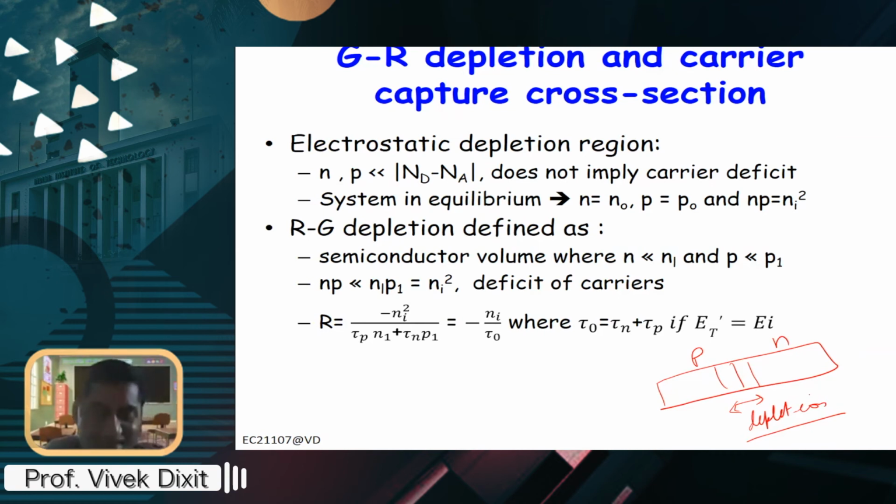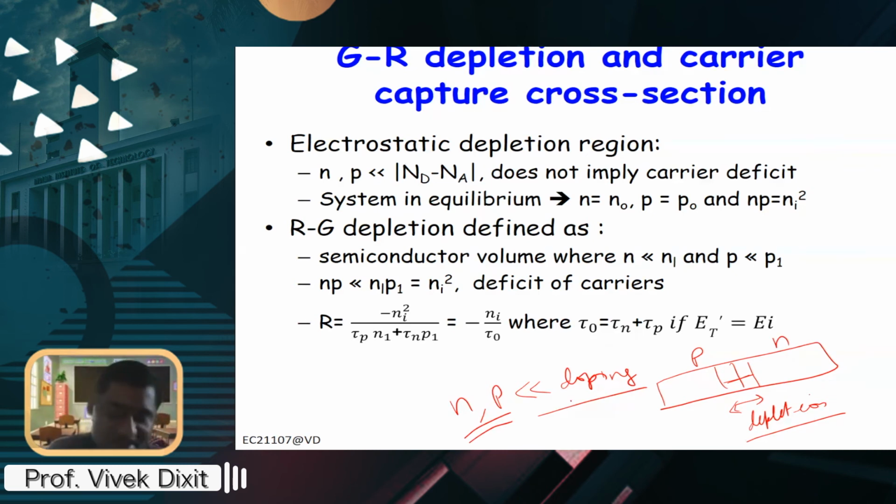Like we have defined low level injection, how did you define low level injection? Delta n or delta p is much less than the majority carrier concentration. Similarly, we define the depletion region where electron and hole concentration is much less than the doping. You understand?